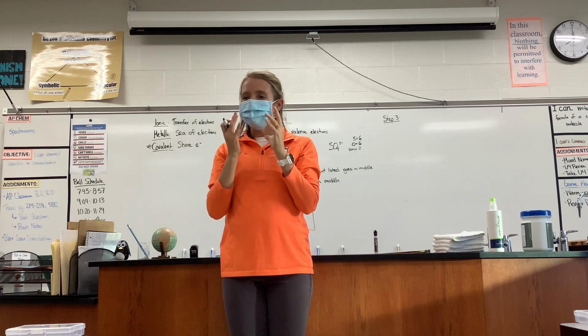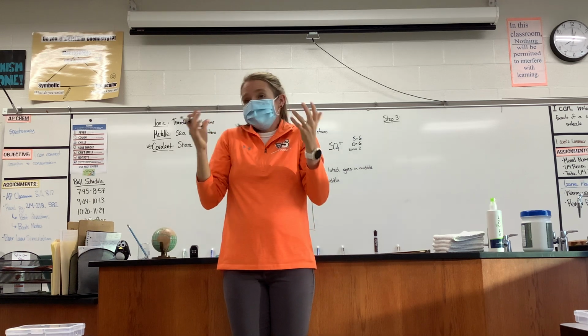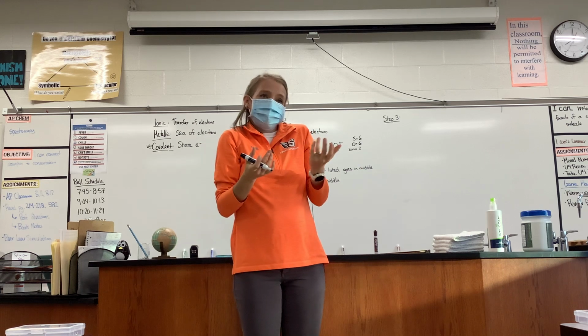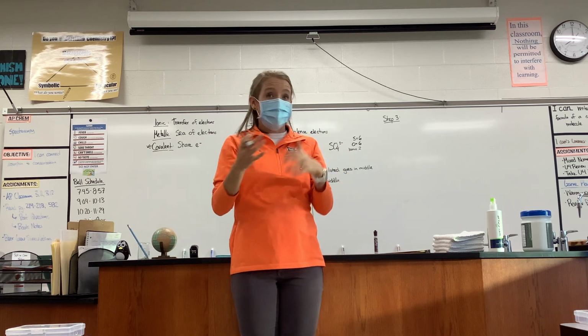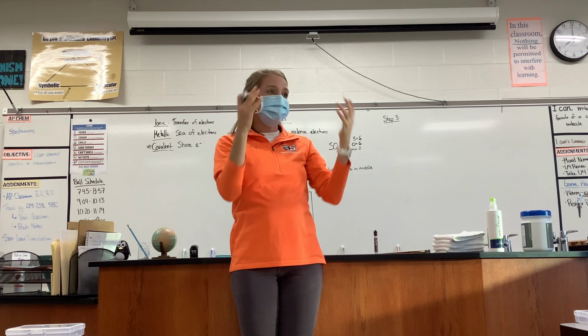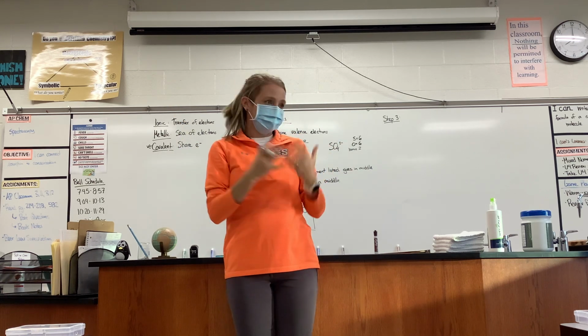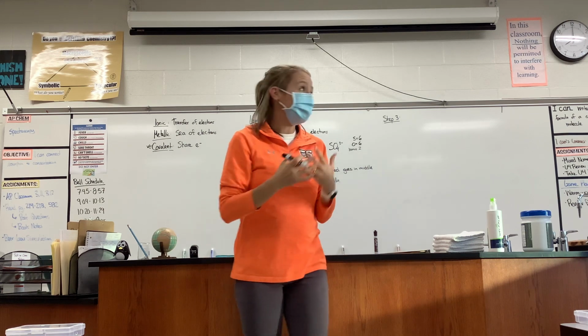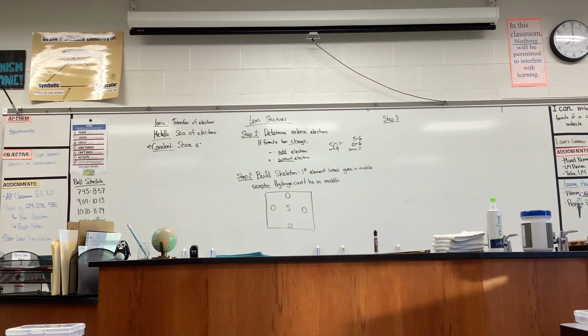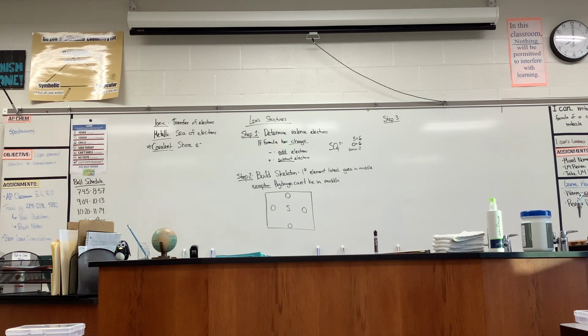When they have a full outside shell, it makes them stable. And why that is, scientists maybe don't know. They've just discovered that's what happens. That if something doesn't have a full shell, then it's prone to either grab or share to get a full shell. Okay? Now keep in mind that the noble gas family is the family that is full. And so often they don't bond very often, but we'll see that sometimes they do. And we'll talk about why in a second, okay?